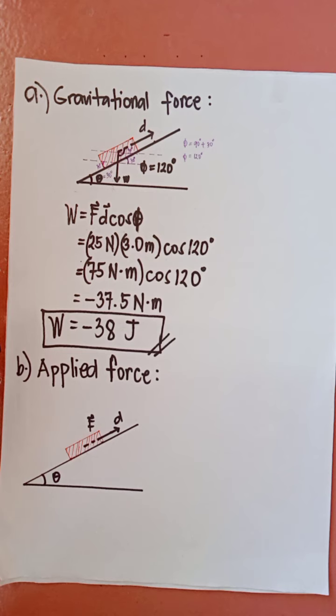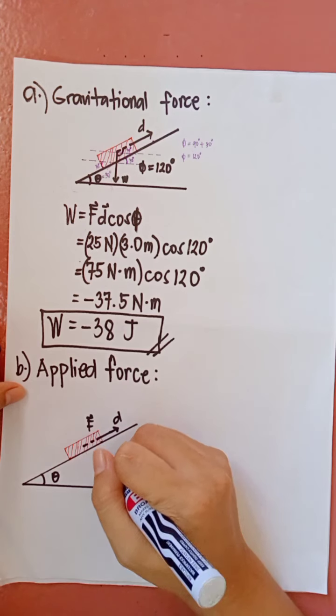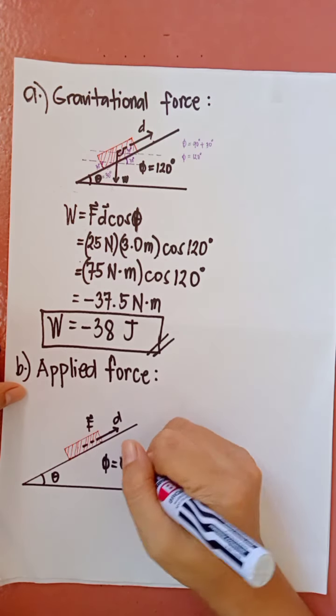That is why the block moves 3 meters upward as well. That means the applied force and the displacement have the same direction, which means angle phi in this case is equal to 0.